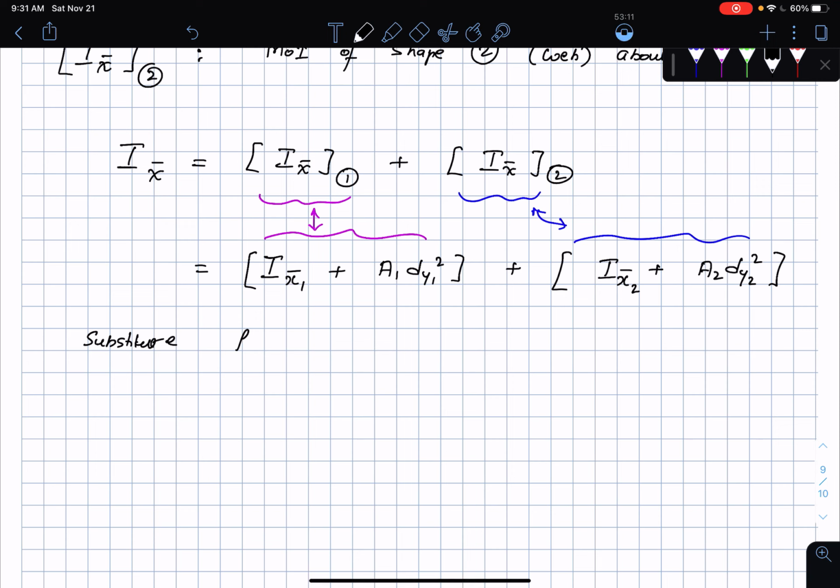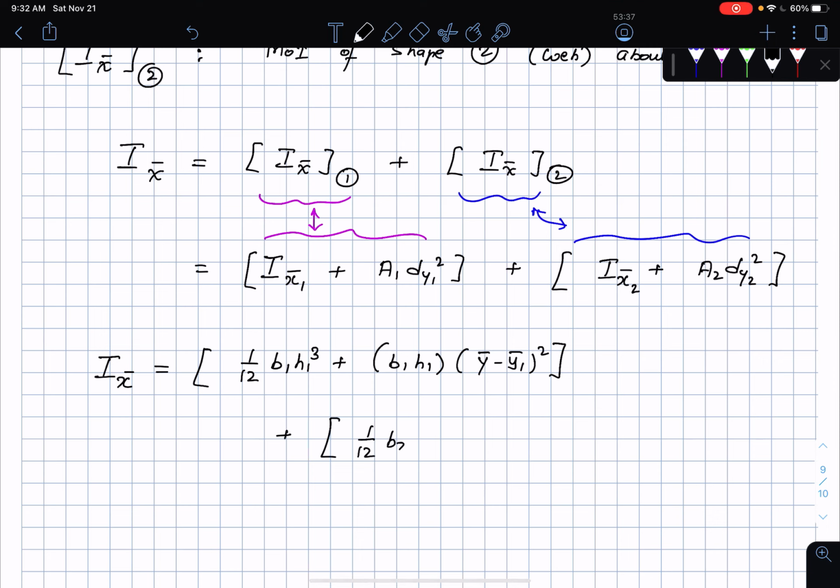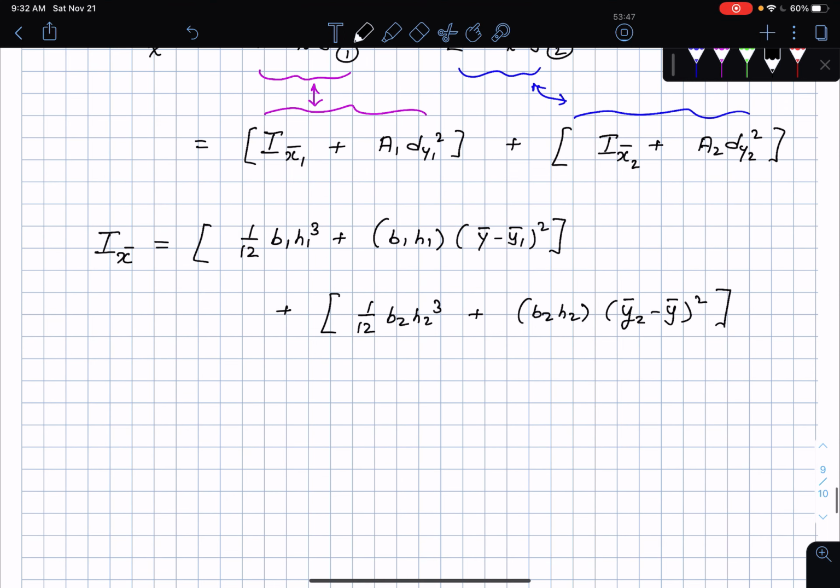Let me maybe write it down one more time. Okay, one more thing is then Ix bar is going to be the following. So Ix1 bar is 1/12 b1 h1 cube plus A1, which is b1 times h1, times dy1 square, which was y bar minus y1 bar square, plus 1/12 b2 h2 cube plus b2 times h2 times y2 bar minus y bar whole square.